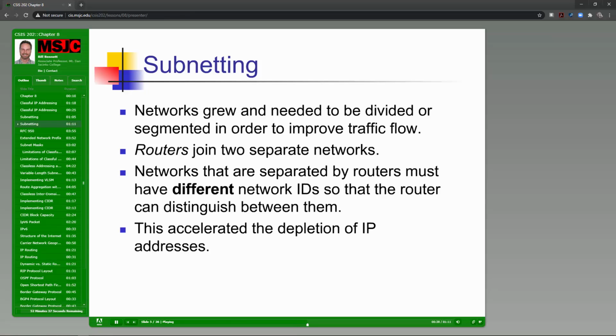Combined with that, now your cell phone and fairly soon your microwave oven will most likely need an IP address. There's just so many devices that require IP addresses these days that also contributed to the demand for IP addresses. So we had this depletion by not assigning addresses correctly in the first place, by over-assigning ranges, and then we've got this demand by having more devices that require IP addresses.